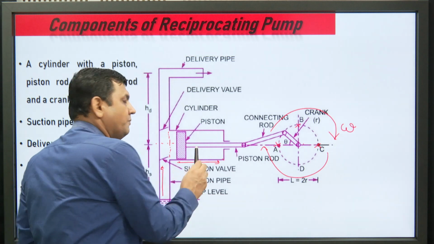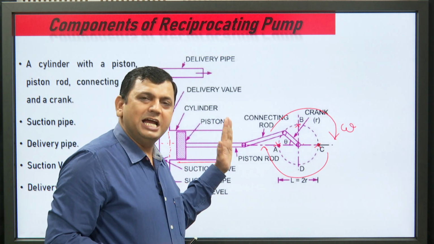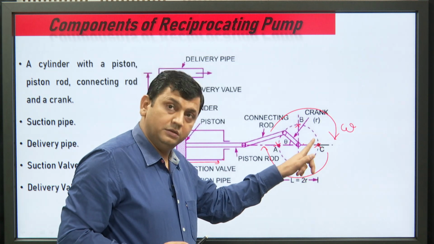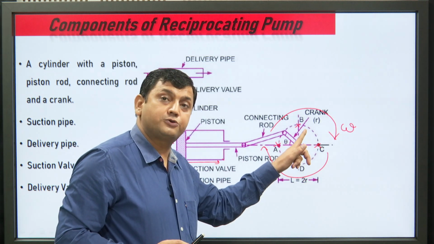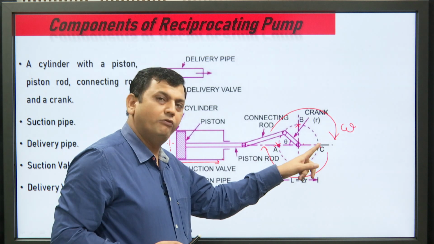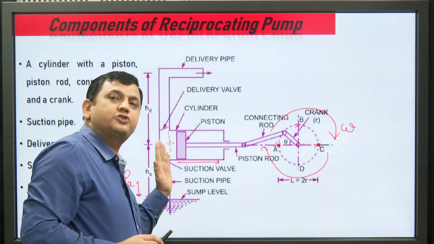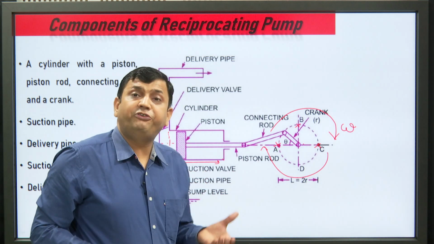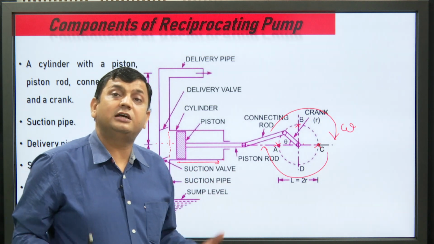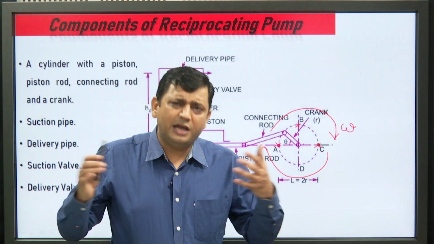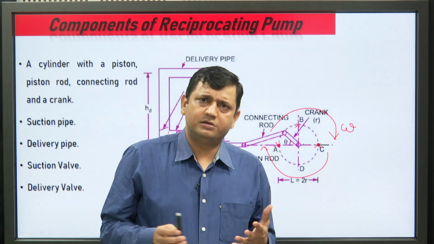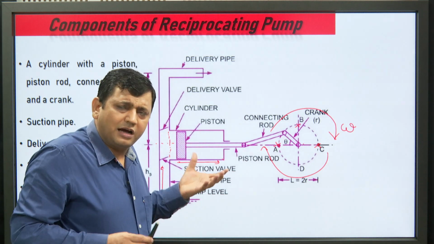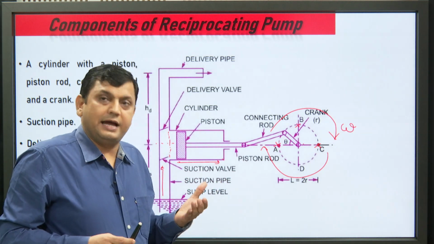When it reaches the rightmost position, at theta 180, the left portion of the cylinder is fully filled by the water or any liquid. Here we are talking about the single acting pump.